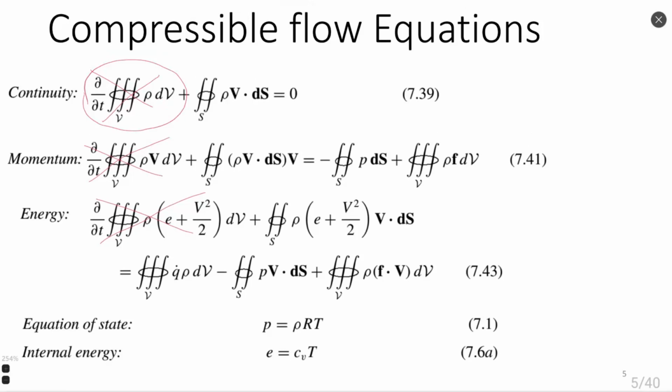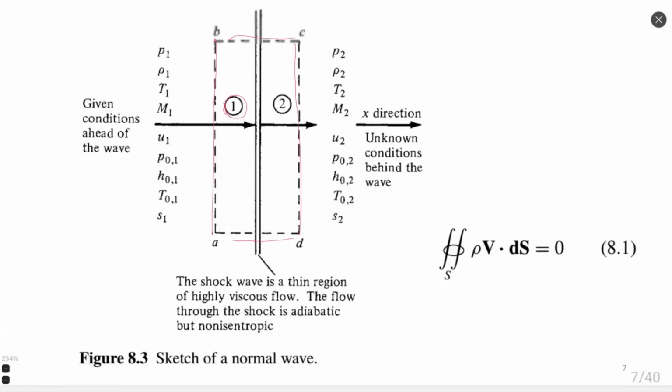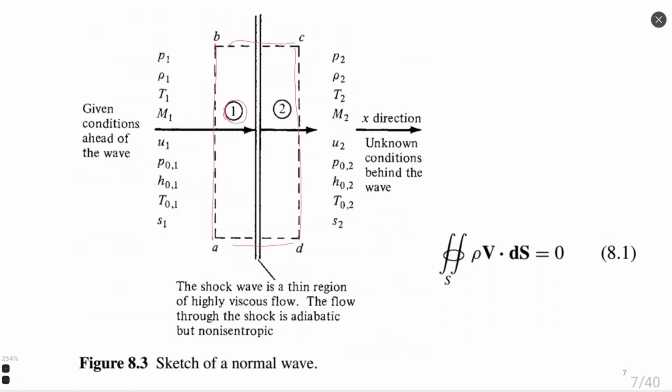It simplifies the equation system for us. So what is left from the continuity equation is the surface integral of the density velocity product, which is supposed to be equal to 0. Applying this integral in our control volume, we will see that edges AD and BC will not contribute to the mass exchange because the velocity component is equal to 0 on these edges.